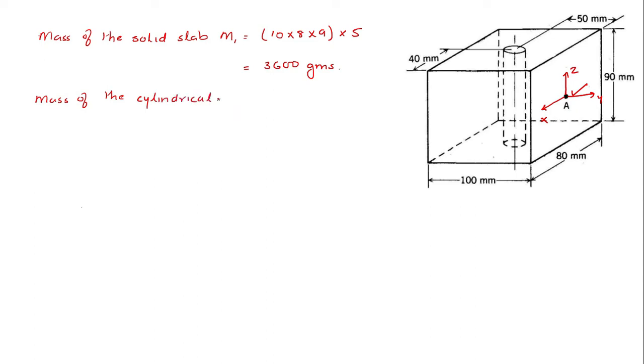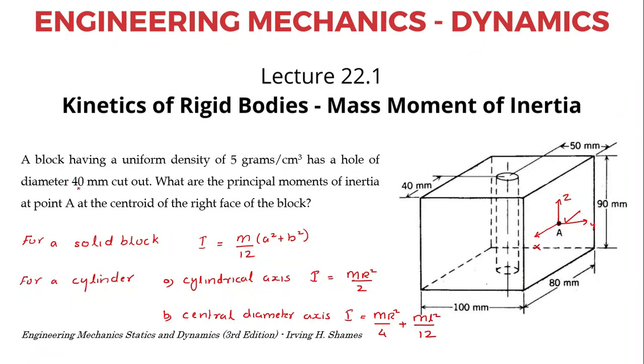Then mass of the cylindrical hole. Now as such, the cylindrical part has been removed, but I would find the corresponding mass of that volume as if it was present there. So the volume of the cylindrical mass can be given as pi into, now the diameter has been given to you as 40 mm, so the radius will be 20 mm or 2 centimeter.